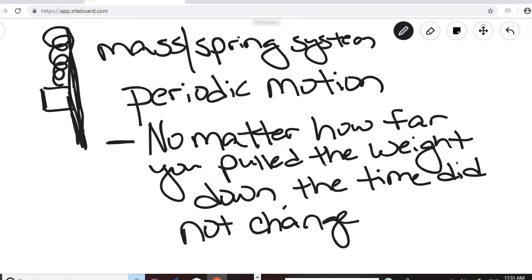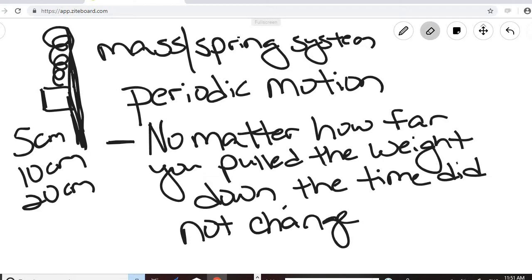It won't matter whether you pull this thing down 5 centimeters, or whether you pull it down 10, or whether you pull it down 20. The amount of time that it takes to go up and down 5 times is not going to change. And if you remember from our previous discussions, the term that we have used for time is period.